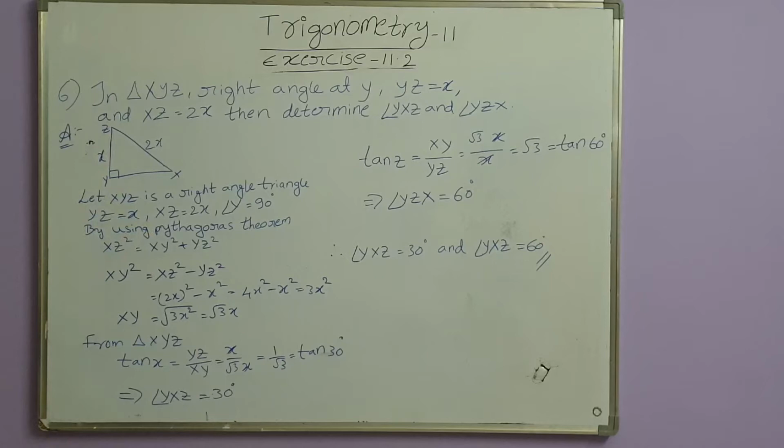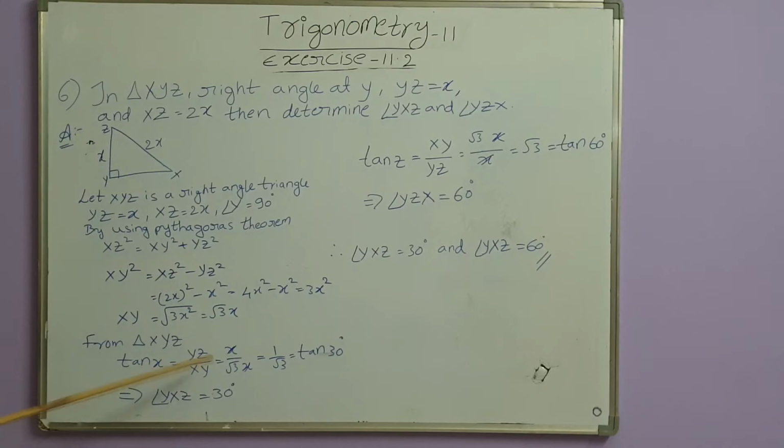Now we find the angles at X and Z. From triangle XYZ, here tan X. What is tan theta? Opposite side of the angle by adjacent side. Here the opposite side is YZ and the adjacent side is XY.